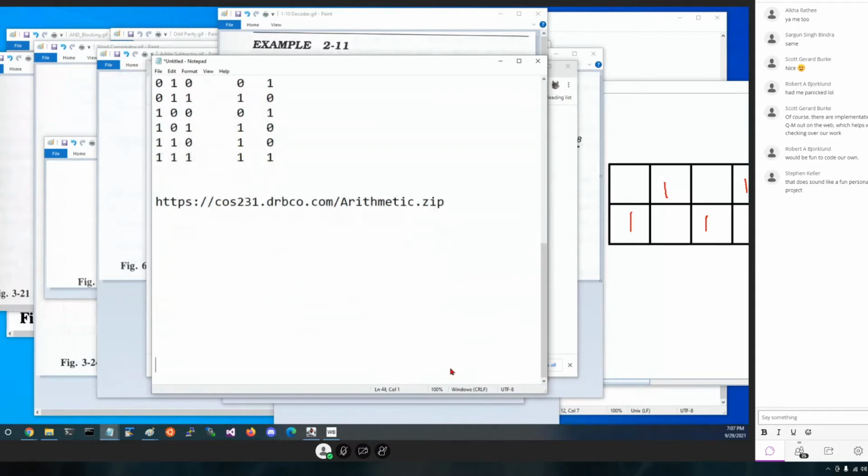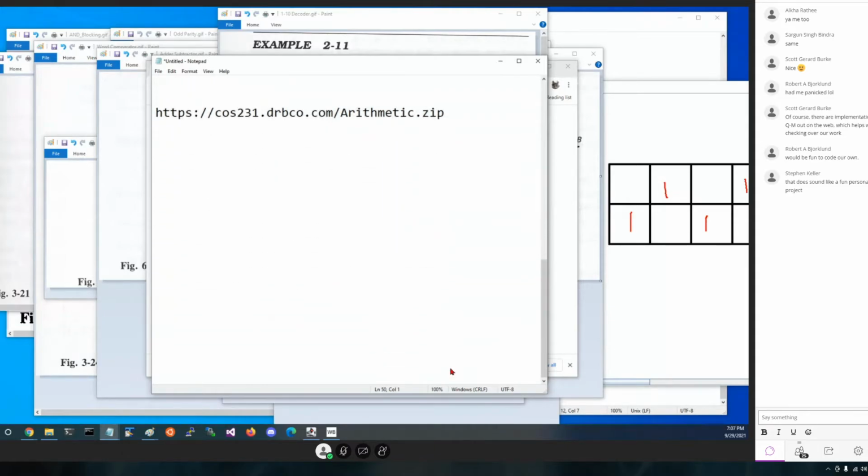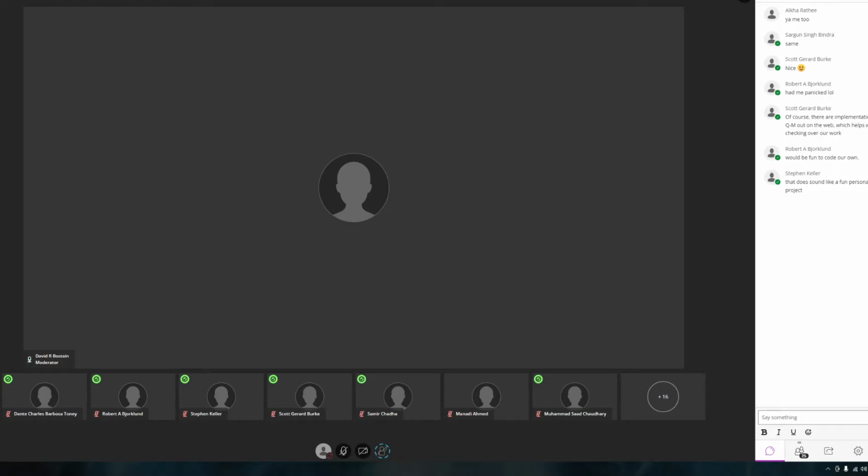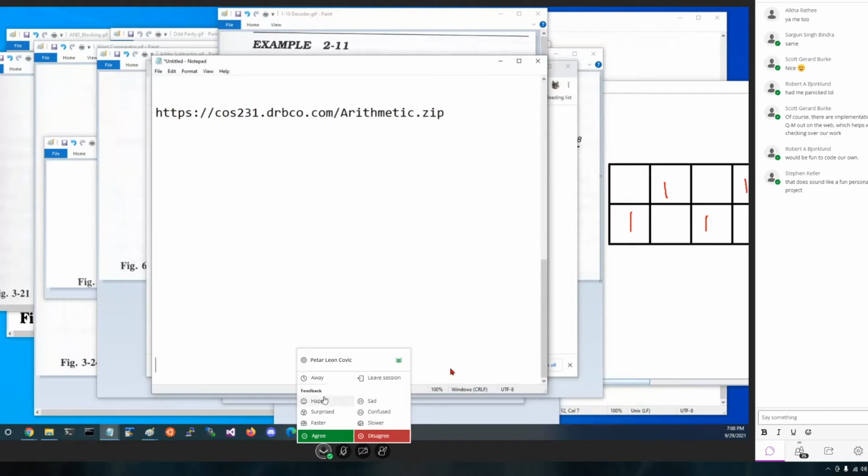Capital A in the word arithmetic. And give me a green circle once you get that. Okay, good. That looks like most of you got it.